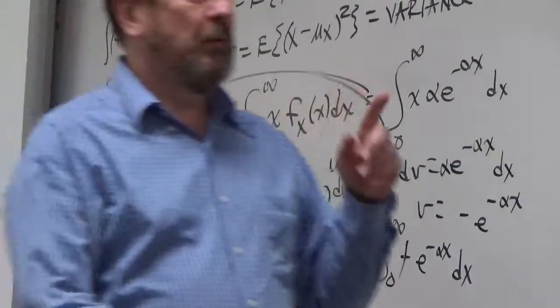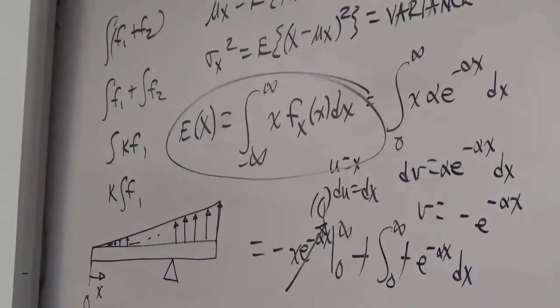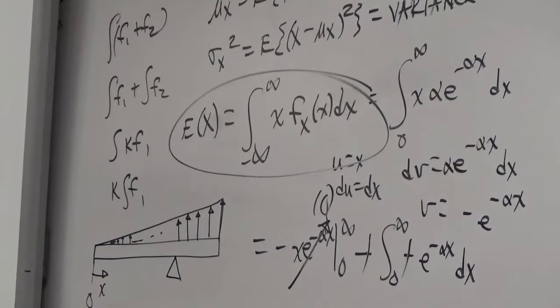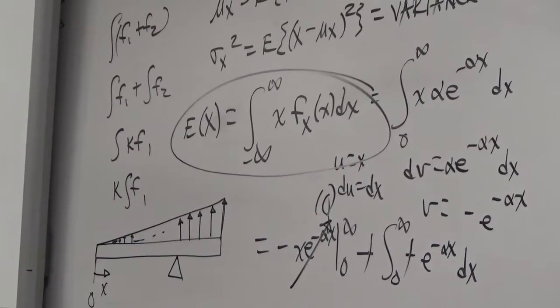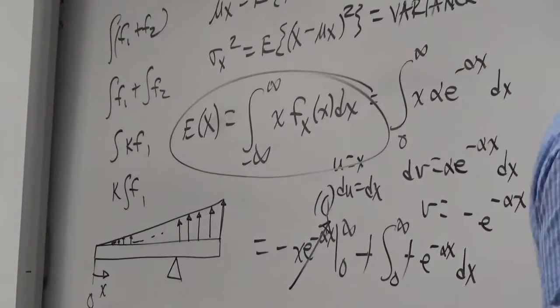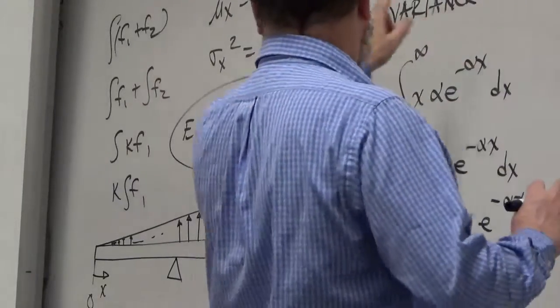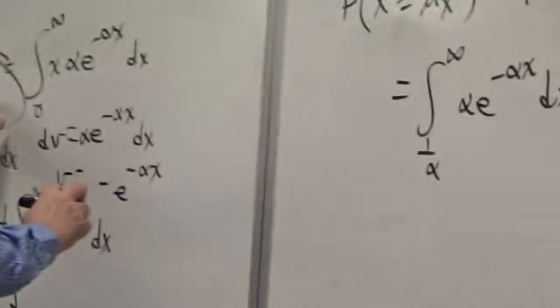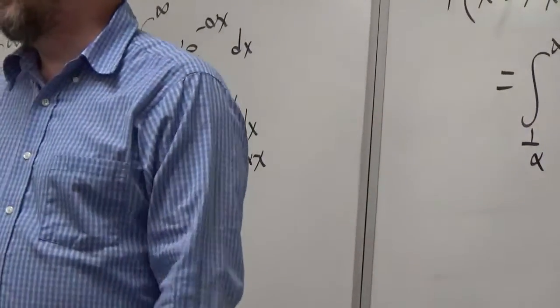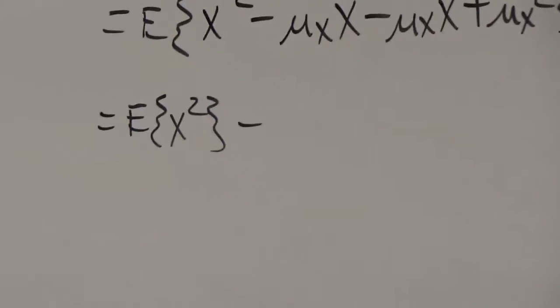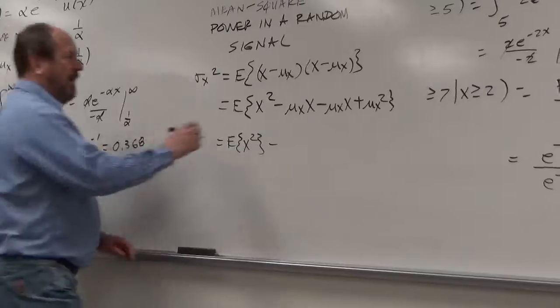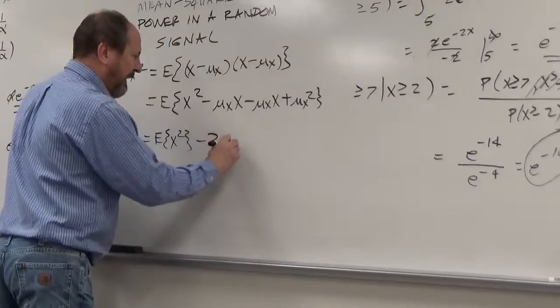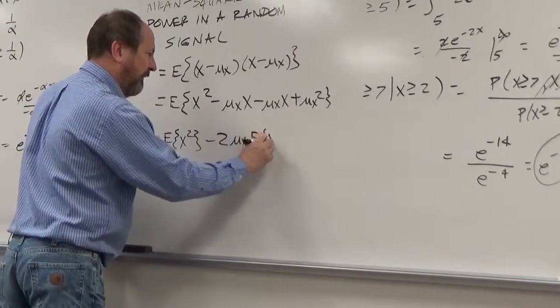So what does it all mean? That is the expected value of x squared, minus, mu x is a constant, isn't it? We've integrated the density function, we've integrated the randomness away, and so that is 2 mu x times the expected value of x.